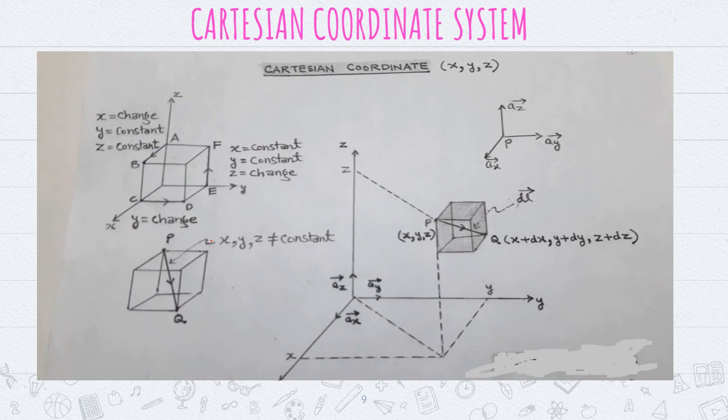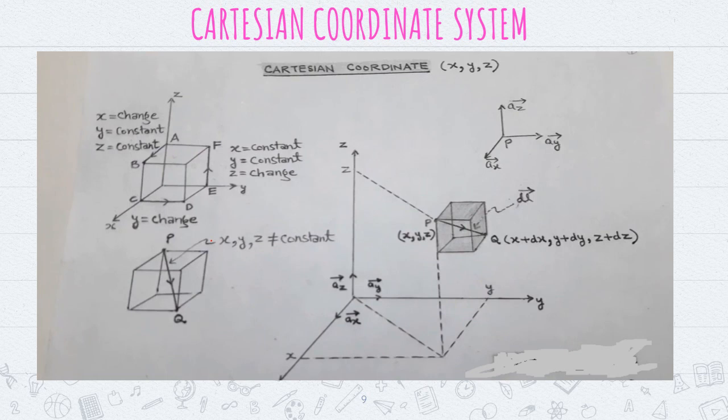Now the next one is dy. The dy is along the y direction. For example, the segment CD is the dy side, and it is parallel to the y direction. That is why it is called the dy side. Now the next one is dz. The dz is along the z direction.